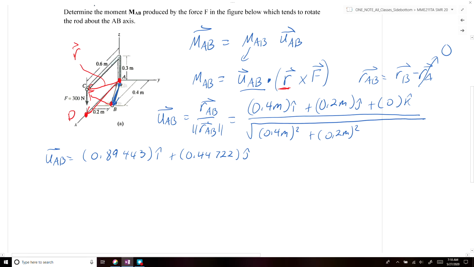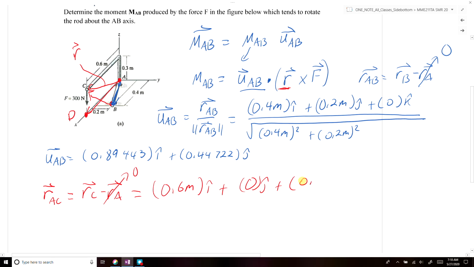So what we're going to define here is our vector R, which will go from point A to point C. So that's equal to RC minus RA. Again, RA is equal to 0, so it's just really equal to the location of point C. So point C is at 0.6 meters in the X direction. It has no Y component, and it has a value of 0.3 meters along the Z direction.